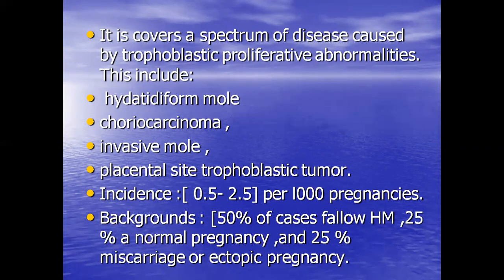If we take 100 cases of choriocarcinoma, approximately 50% follow hydatidiform mole, but maybe we find 25% follow a normal pregnancy, or even after miscarriage or ectopic pregnancy, there is what we call gestational trophoblastic disorder.